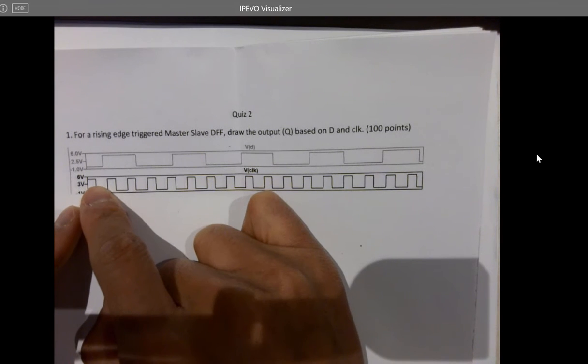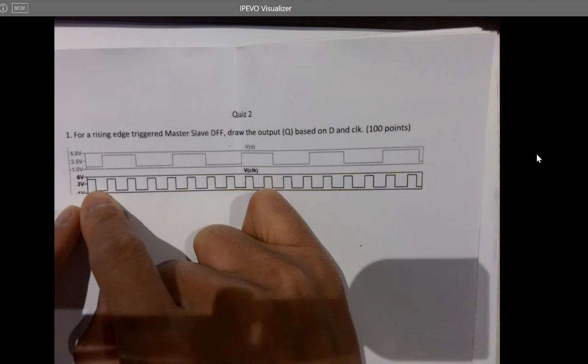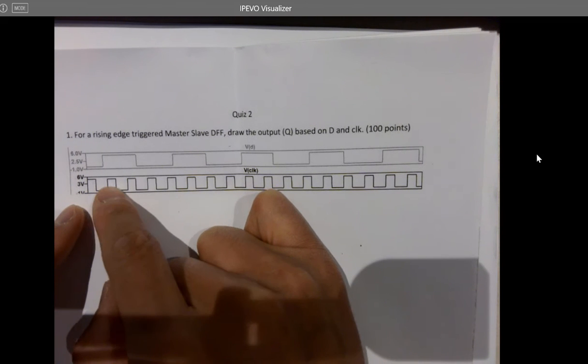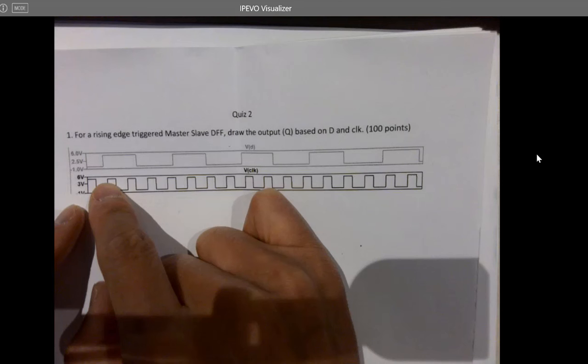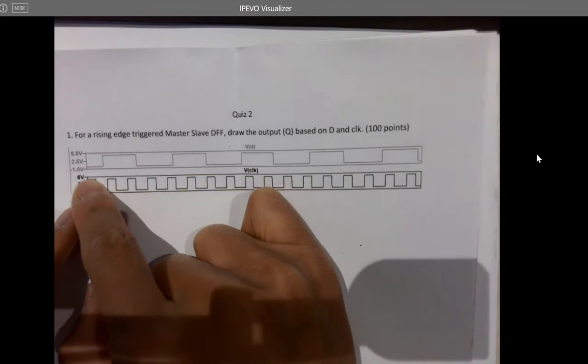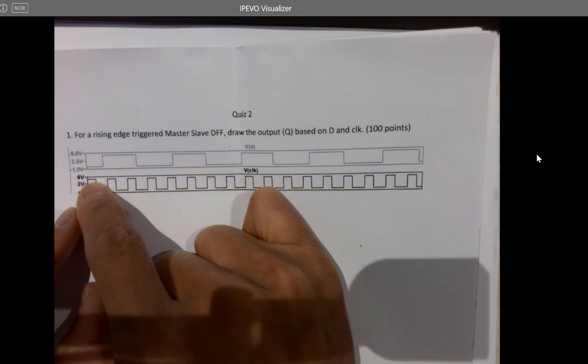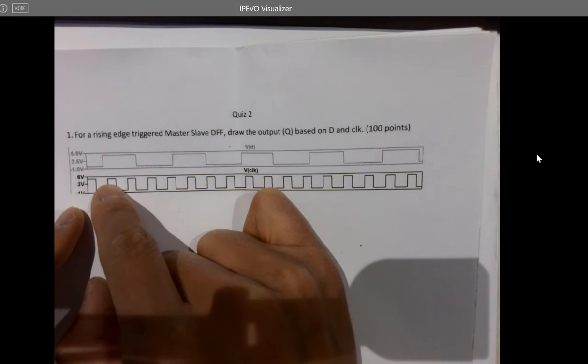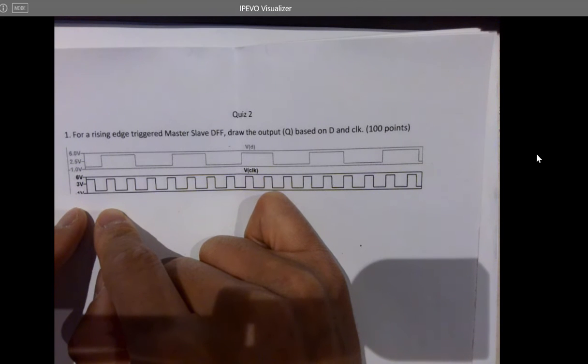So here's a falling edge for the clock. This falling edge is going to sample a 0 and store it in the middle stage, right? And then it's rising edge trigger. So whenever you see a rising edge, it's going to send whatever was sampled at the falling edge to Q. So here should be 0. Still 0.